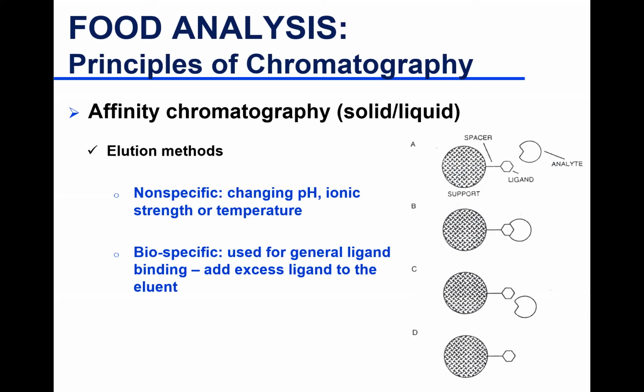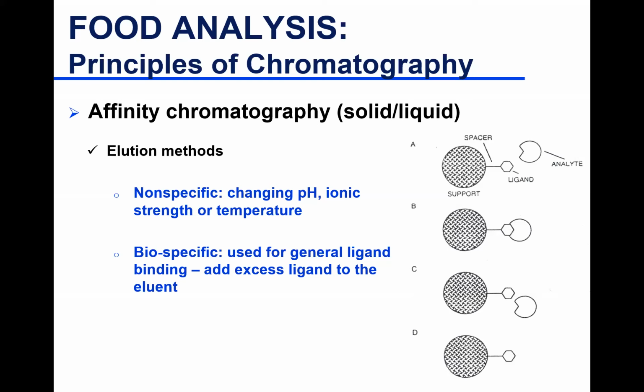Another way to do that is to use a biospecific way of eluting. That means you see this ligand here that is attached to your stationary phase; I can introduce the same ligand in my mobile phase.